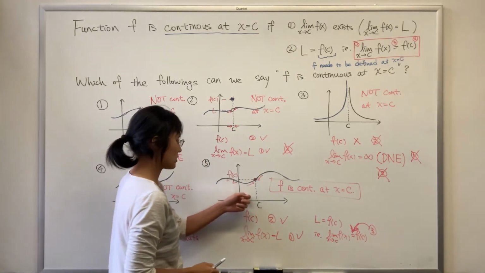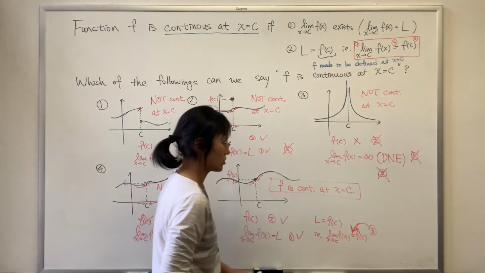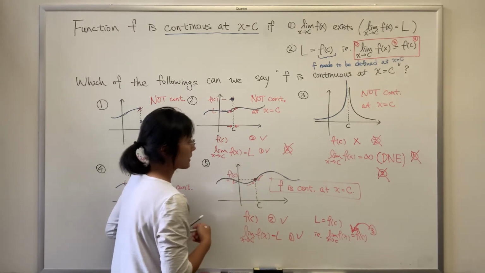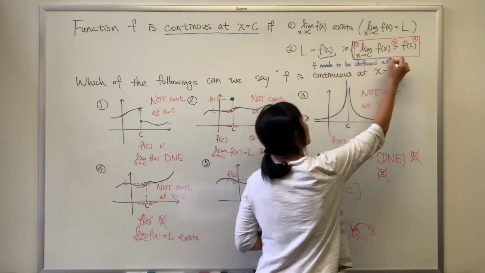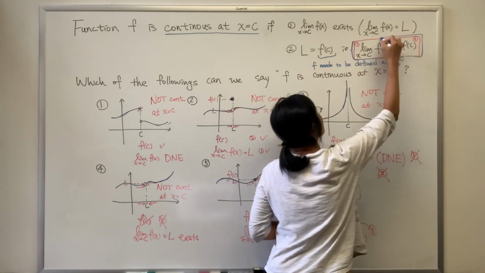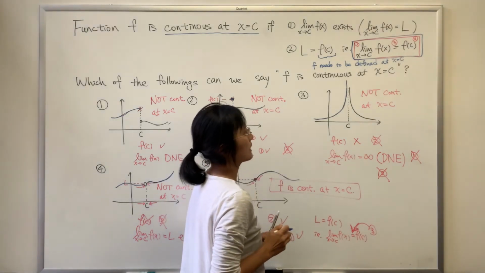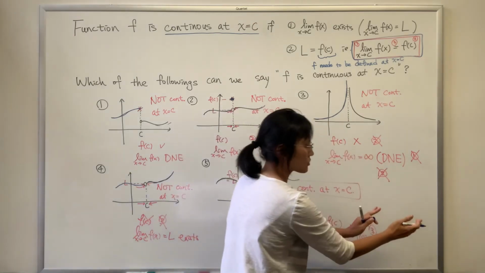So this is what it means by f is continuous at x equals c, and we have a rigorous mathematical definition that is this: the limit must exist, the function must be defined at c, and the limit value equals the function value.